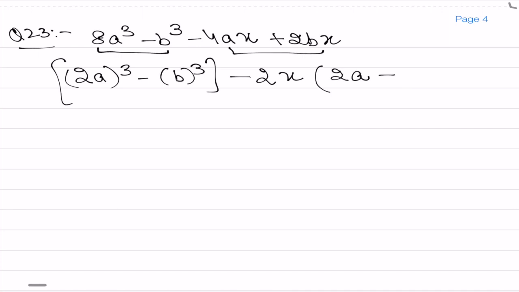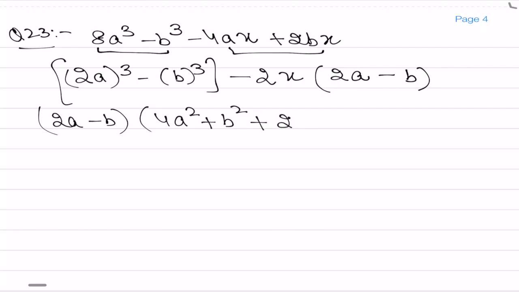2a minus b. In the first term we will use the formula a cube minus b cube. So it becomes (2a minus b) into (4a square plus b square plus 2ab), minus 2x into (2a minus b).